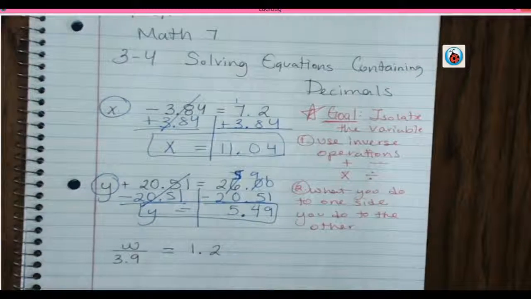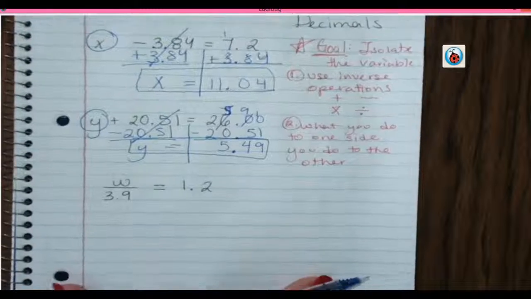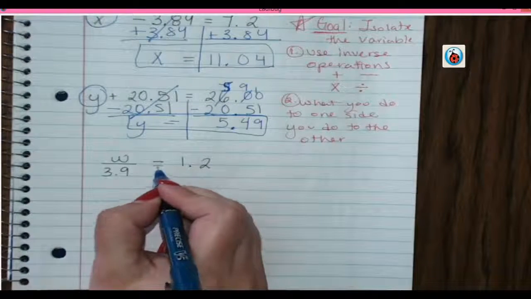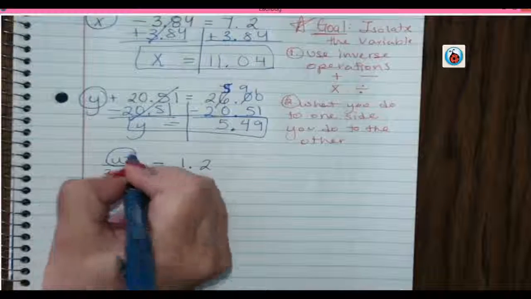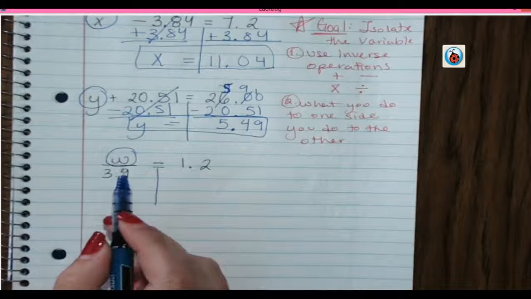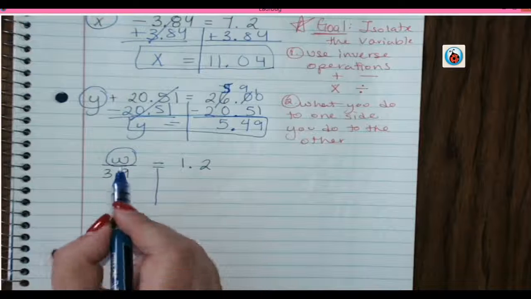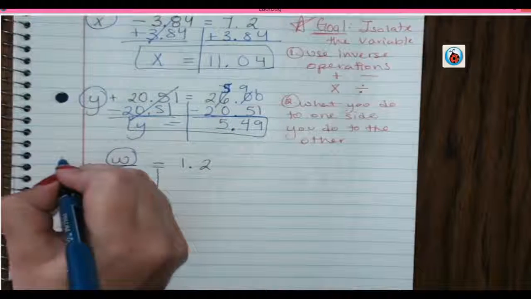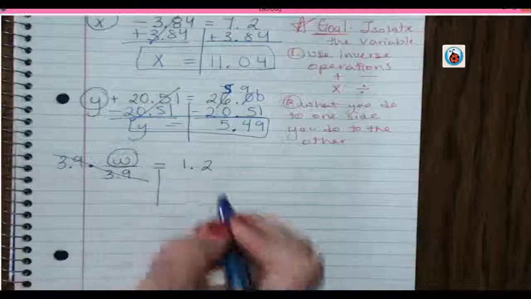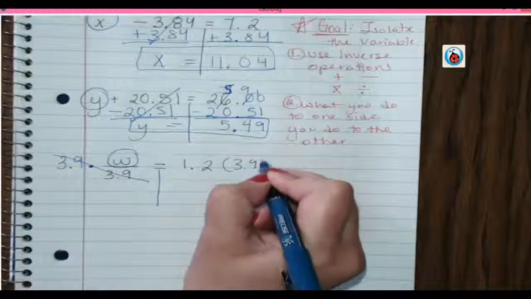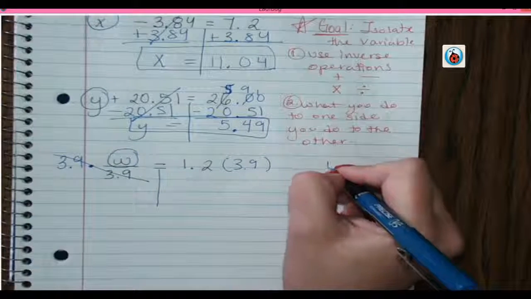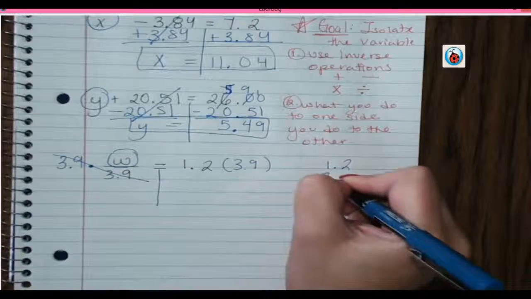If we have to solve w divided by 3.9 is equal to 1.2, our goal is to isolate the variable. That means we want w by itself. The inverse operation of division is multiplication. So times 3.9, times 3.9. What you do to one side, you do to the other. So we can say 1.2 times 3.9.